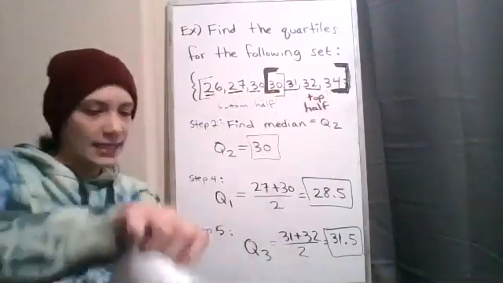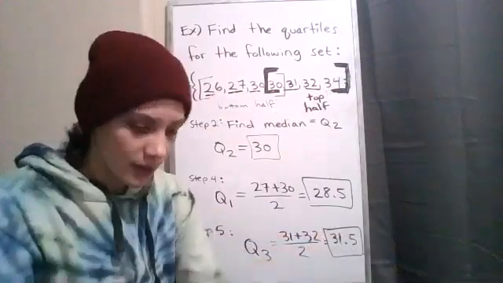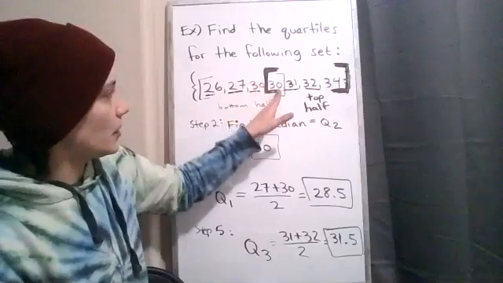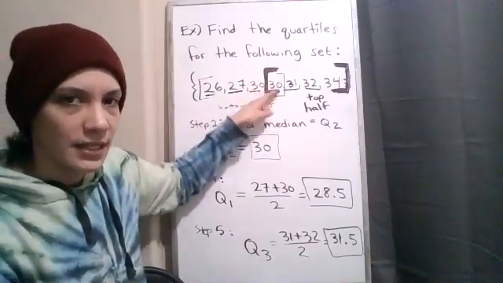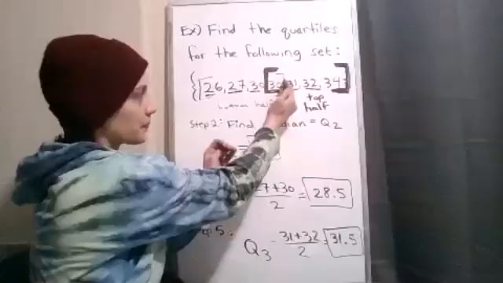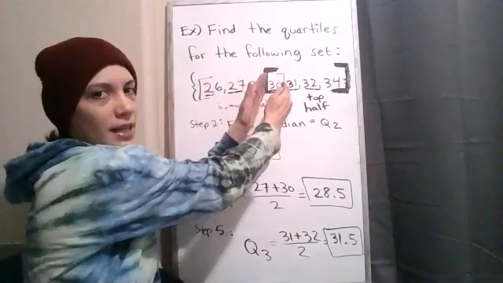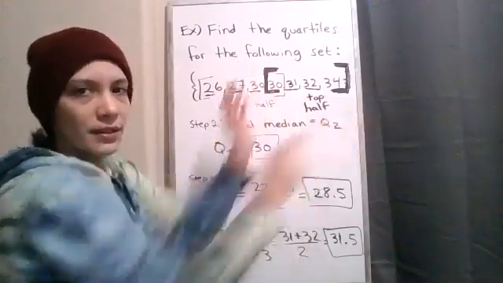And when it's odd, that's the note that says to include Q2 in both halves. So maybe mark where Q2 is, make sure it gets into the set as the top value all the way to the bottom, and then use it in this set where it's included and goes to the top.